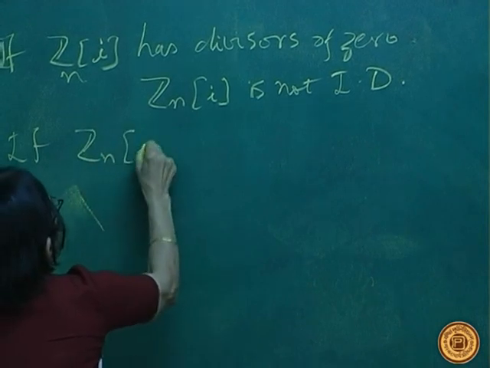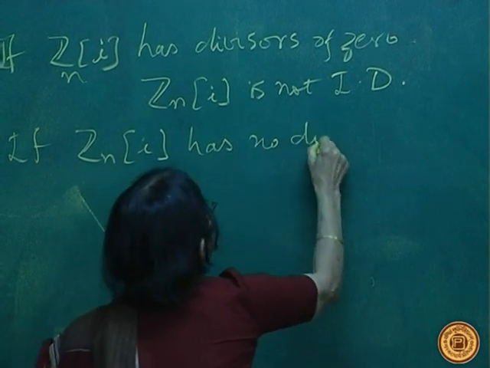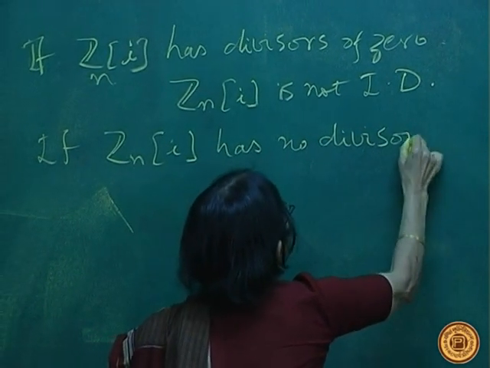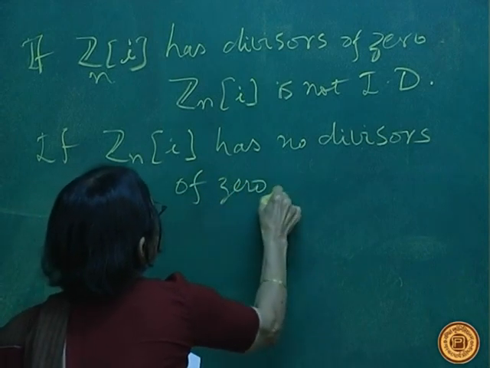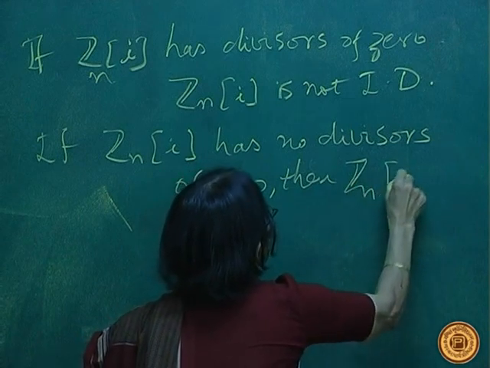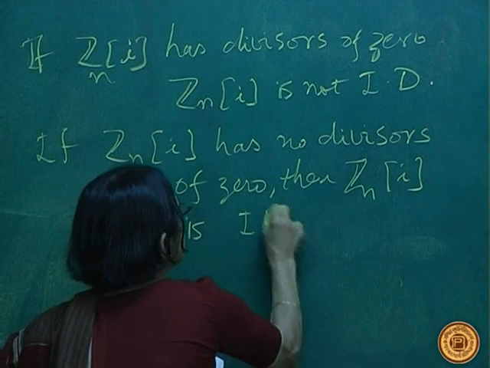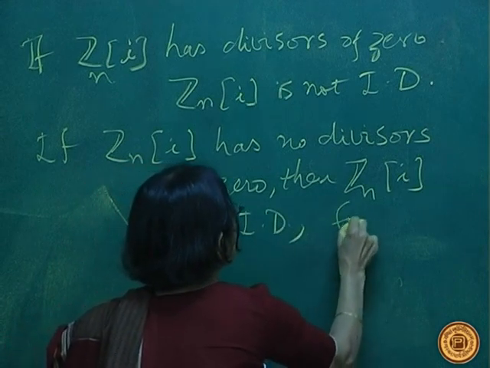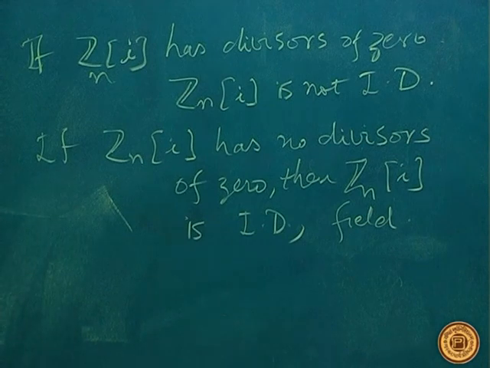If Zn[i] has no divisors of 0, then Zn[i] is an integral domain, and because it is finite, it is also a field. So let us check again when it is an integral domain and when it is not.